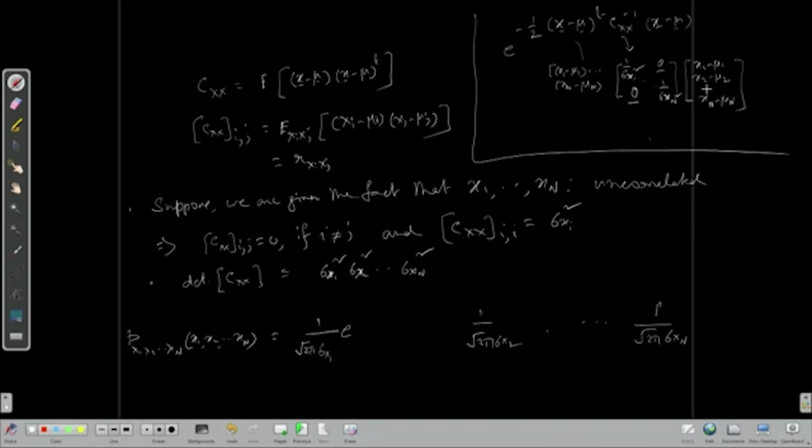So e to the power of some terms which are summed. That means I can separate them out. While e to the power minus half is common, one term will be just x1 minus mu1 whole square by sigma x1 square, another will be the corresponding term for x2, and so on.